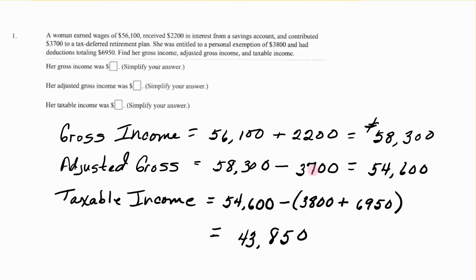Okay? So they have probably already been counted somehow up here, and then we subtract them off. Then your taxable income, we'll talk more about these things in a minute, is your adjusted gross income minus your exemptions and your deductions. And this is what you have to pay tax on.